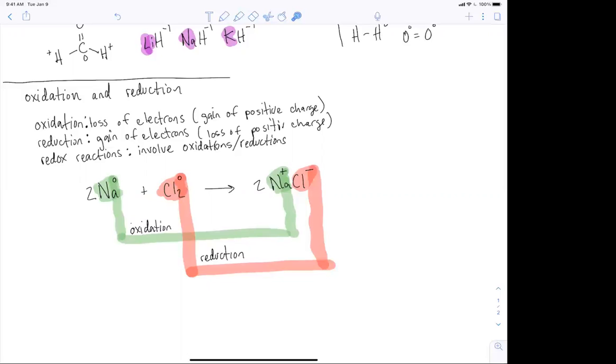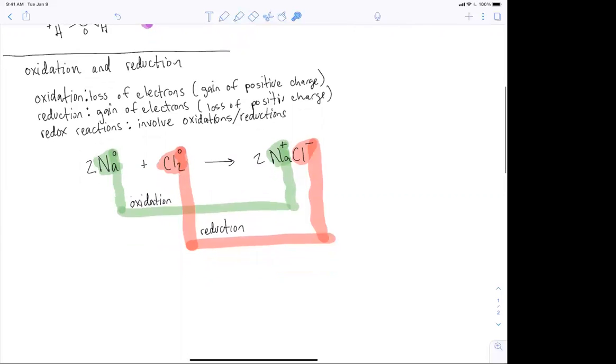Let's see. What are some other things we can say about this? I guess to add to the confusion, just more confusing language.